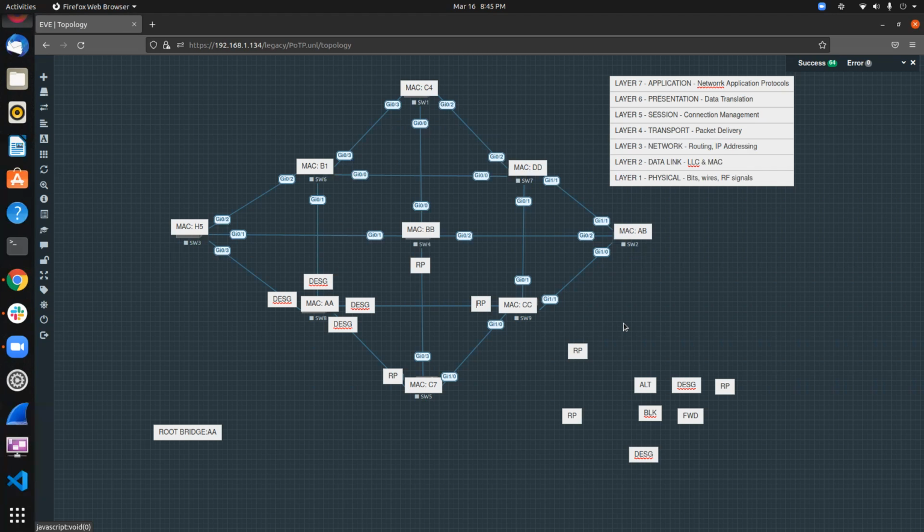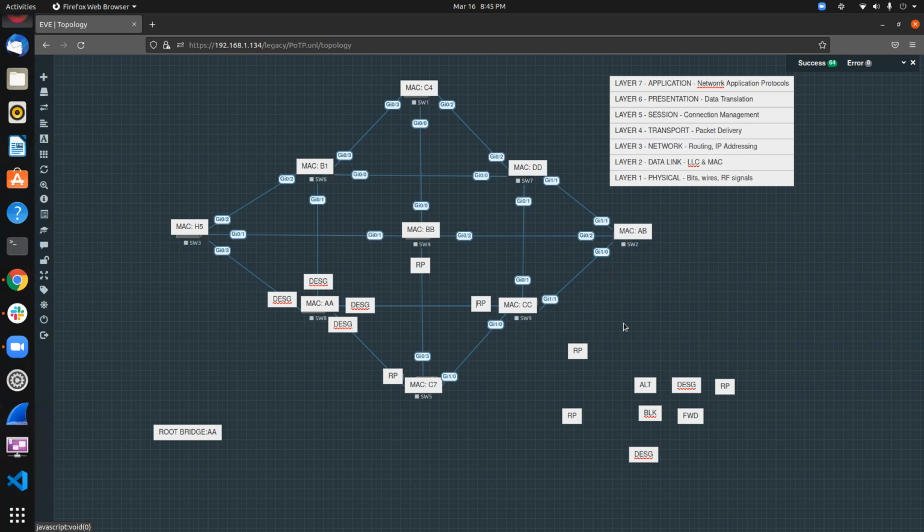If I was to instead make this jump from switch 2 to switch 4 to switch 3, and then to the root bridge, it'd be more costly. What would be that cost? We have 4, 4, and 4 for a total of 12.